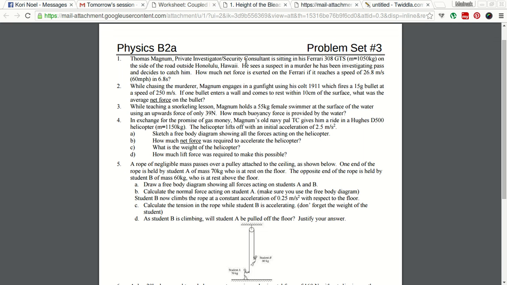Please try to look at the question, the second line: if one bullet enters a wall and comes to rest within 10 centimeter of the surface. So how can a bullet just come to rest if there is no acceleration, no retardation of its velocity? You understand me?